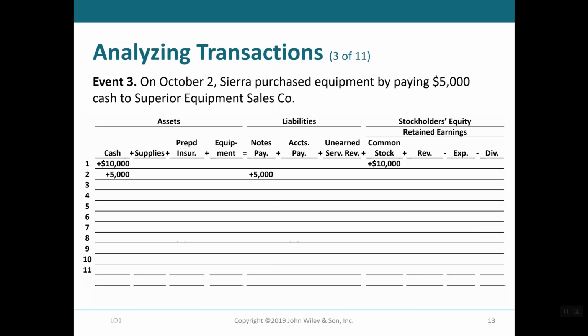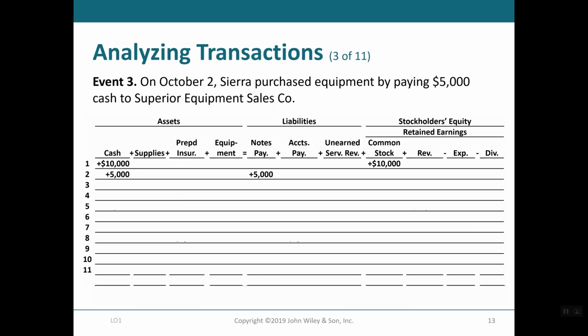All right, number 3. On October 2, Sierra purchased equipment by paying 5,000 cash to Superior Equipment Sales Company. So we are told that he purchased equipment by paying cash. That is a reduction in my cash assets, but an increase in my equipment, which is also an asset.